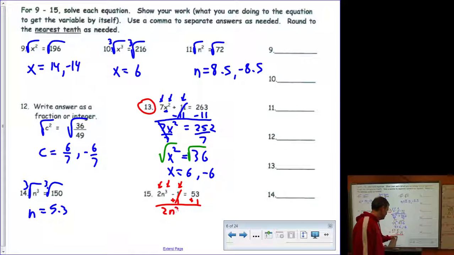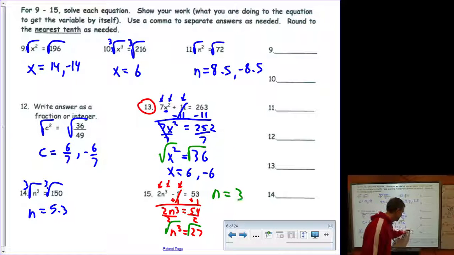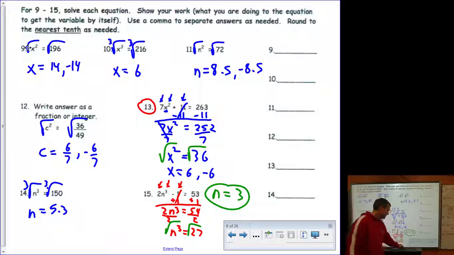That would give you 2n to the third equals 54. Then you would get rid of the multiplying by 2 by dividing by 2. That gives you n cubed equals 27. And finally, you'd get rid of the cube by taking the cube root of both sides. And the cube root of 27 is 3. And you get n equals 3.